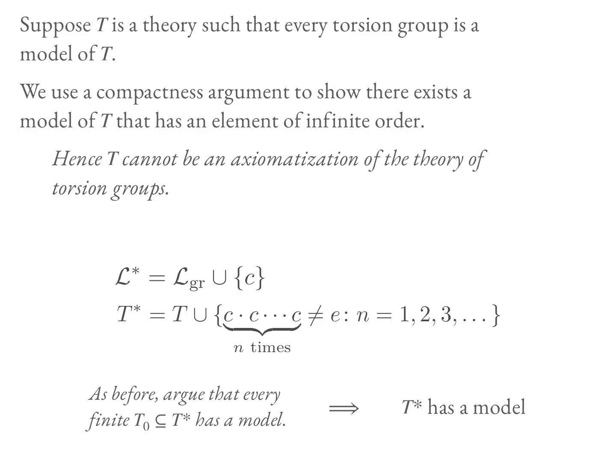And the idea to prove this is quite similar to the construction of a non-standard model of arithmetic. So first, we start with our language of group theory and extend it again by throwing in a new constant symbol we call C. And then we extend our theory T that we started out with by saying, okay, if I multiply C n times by itself, I get something that is not the identity.